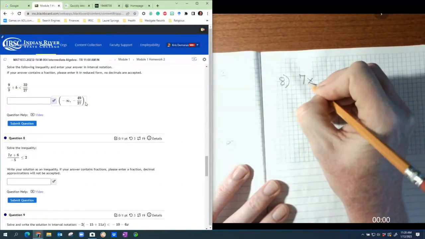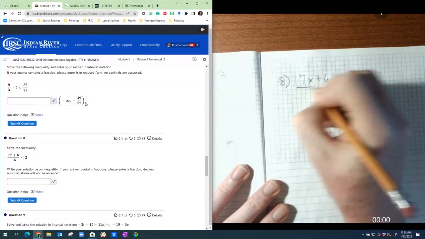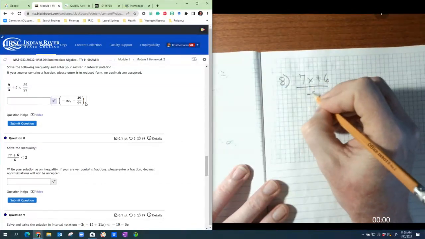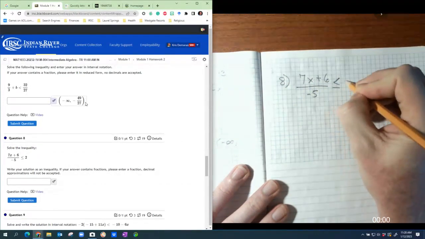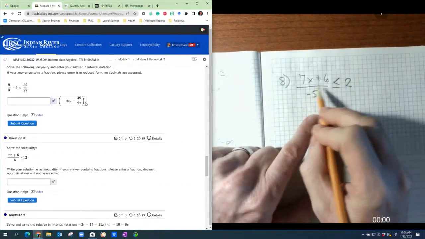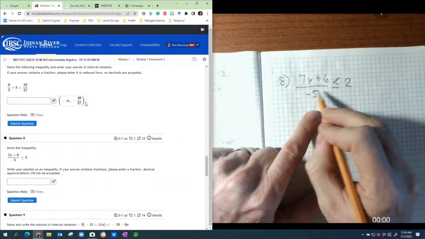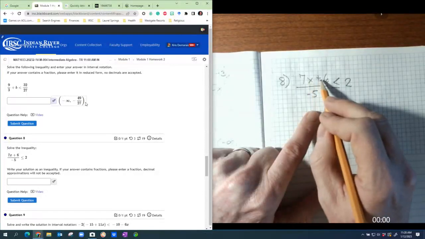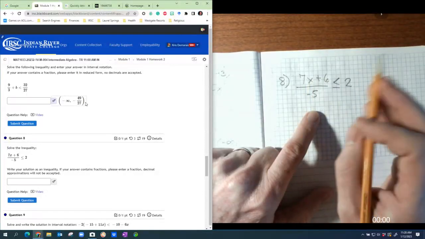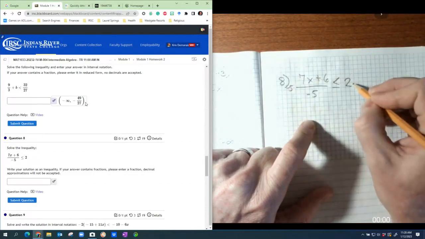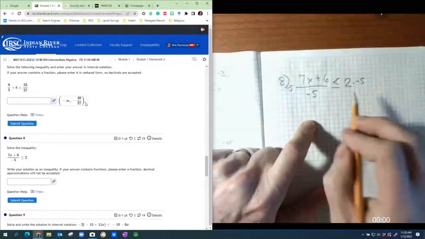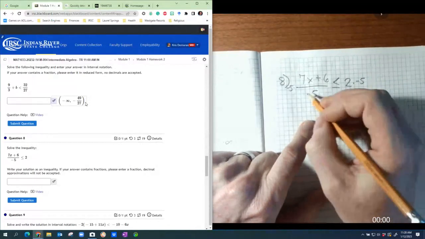Now, 7x plus 6 over -5. We have that. Since we need to undo this first because we can't deal with the 7 and the 6, I need to go ahead and multiply by -5 on both sides. Well, wait a second. I just multiplied by a negative.